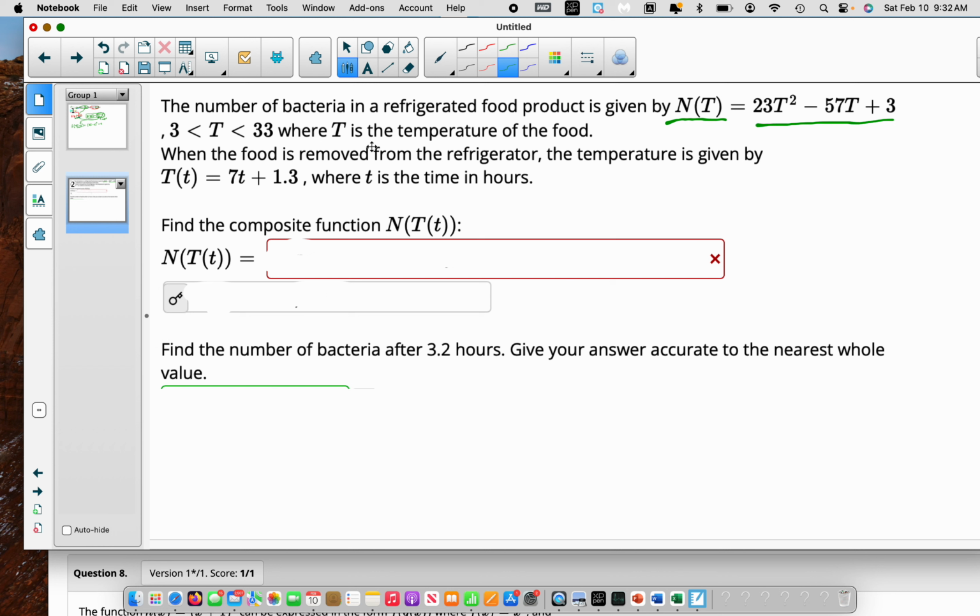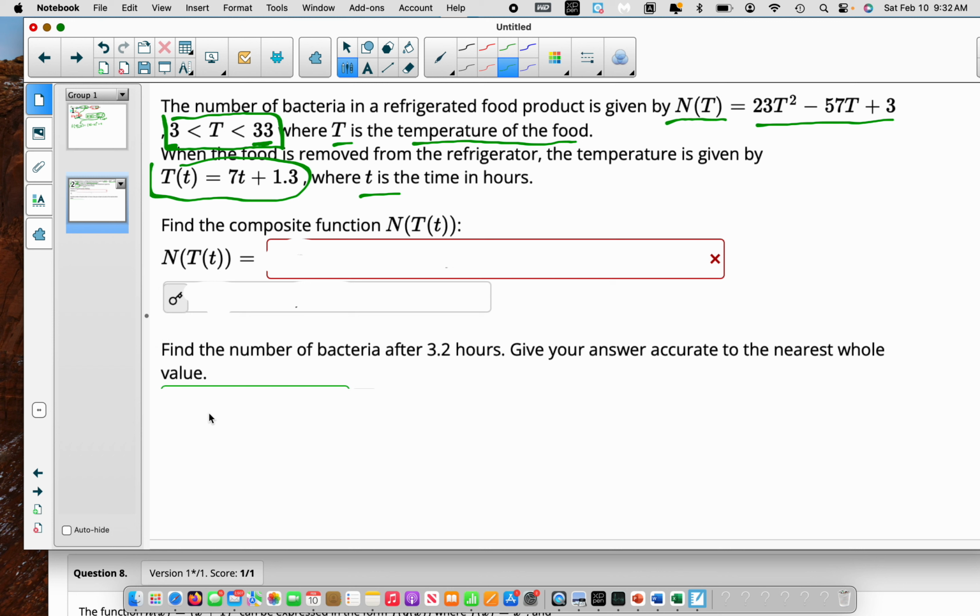Where T goes from 3 to 33, and T is the temperature of food. So this means that the temperature of the food goes from 3 degrees to 33 degrees. It says when food is removed from the refrigerator, the temperature is given by this function here, where t is the time in hours.